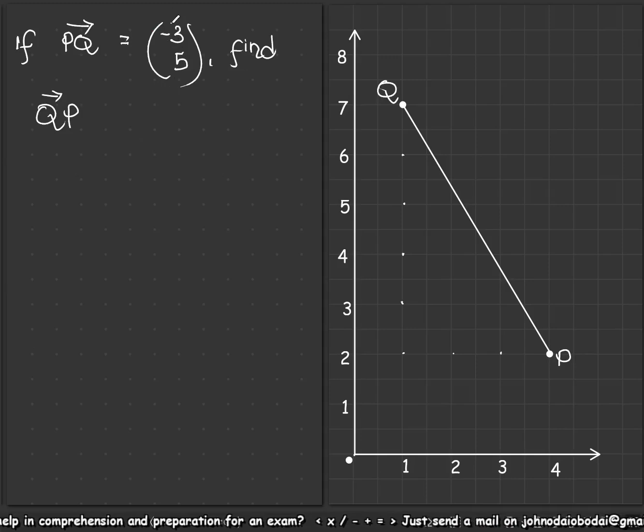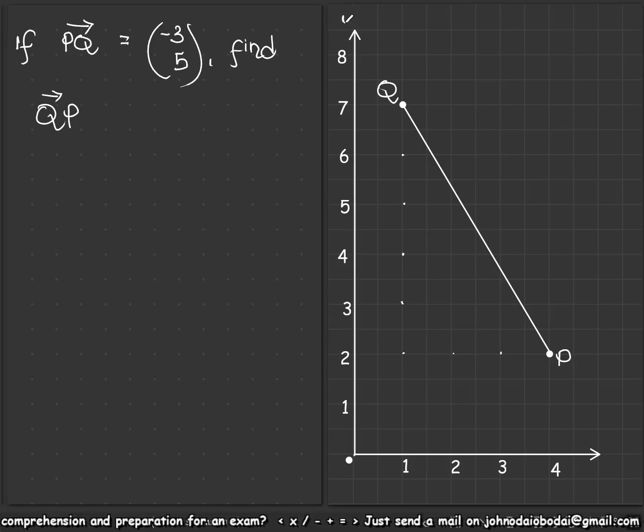Or in other words, move 3 times towards the left in the X direction and then upwards in the Y direction 5 times. Now we have to find how we are going to move towards P when we are at Q.